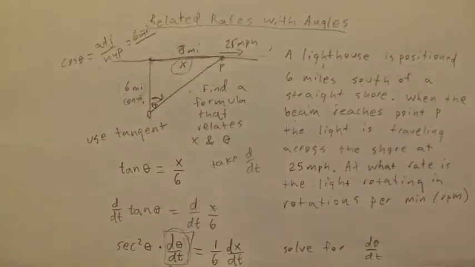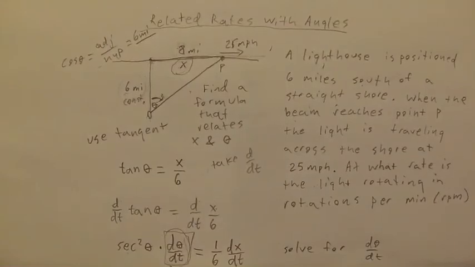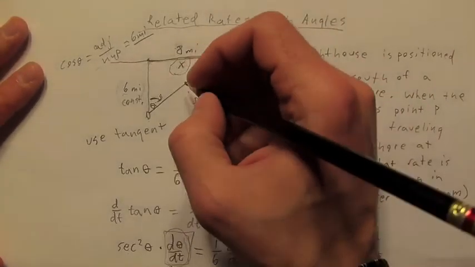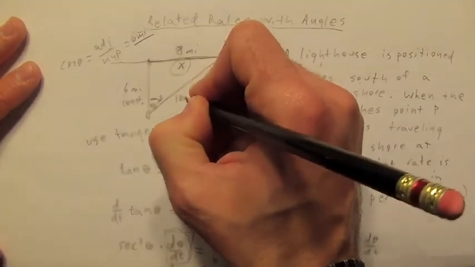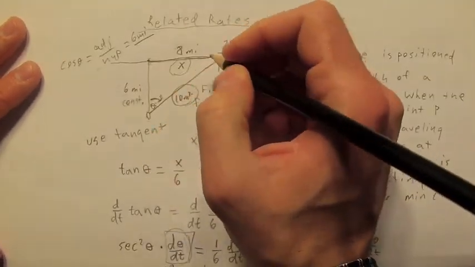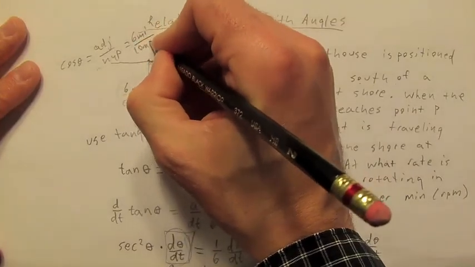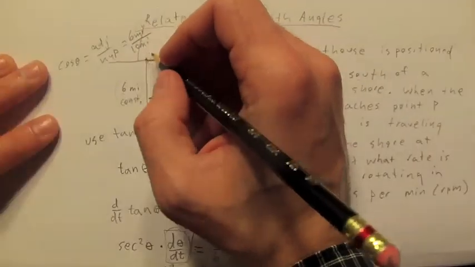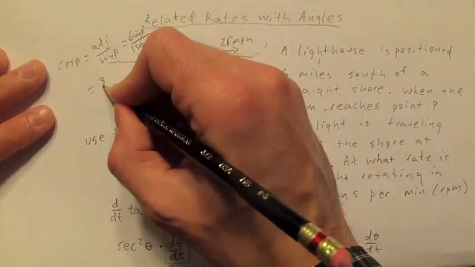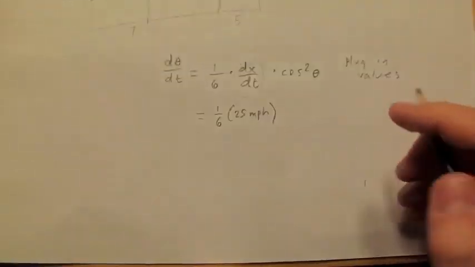So we just need to find the hypotenuse, and if you use the Pythagorean theorem, I'll give you a chance to do that. What do you find? You should end up getting 10 miles. Okay. So 6 over 10, miles over miles, that cancels, so I'm just going to get 3/5. Okay.